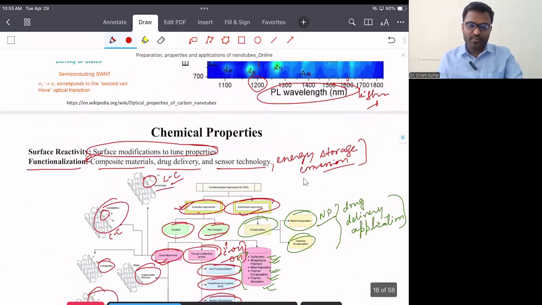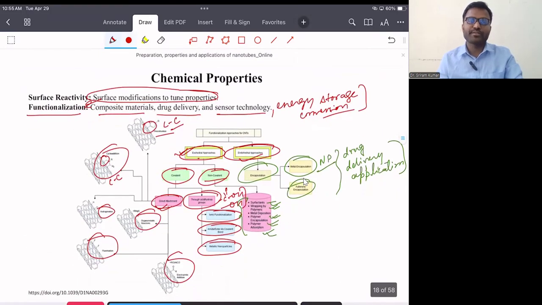And later on, we understood the chemical properties of CNT, and we can modulate the chemical properties of CNT by surface modification and functionalization. There are two kinds of functionalization: one is exohedral and the second is endohedral modification.